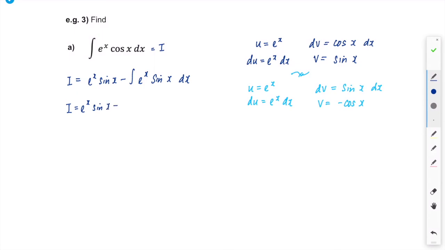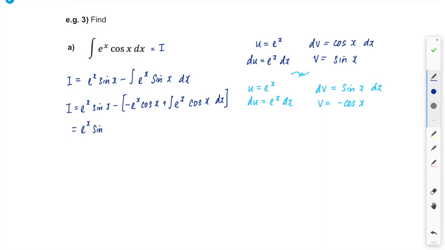That's the original. And now I have to minus, so open brackets, negative uv, so negative e to the x cos x, minus the integral of v du. This is e to the x times negative, so I'm going to change this to positive, cos x dx, like that. Okay. What do we have here?